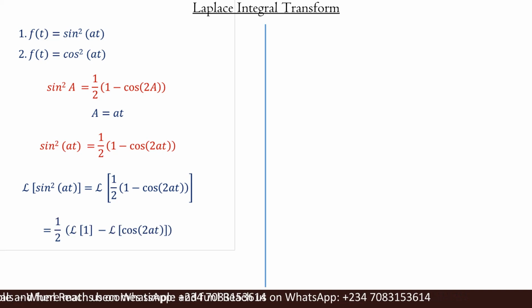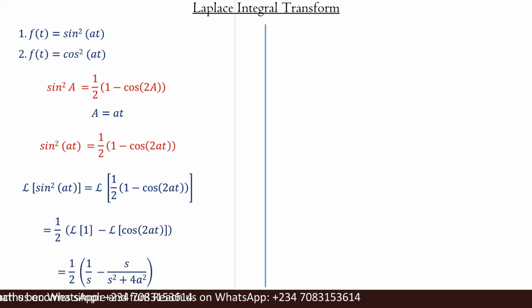We're going to have 1 all over 2 Laplace transform of 1 minus Laplace transform of cos 2at. Let's evaluate. The Laplace transform of 1 is 1 all over s. And then the Laplace transform of cos 2at is going to give us s all over s squared plus 4a squared.